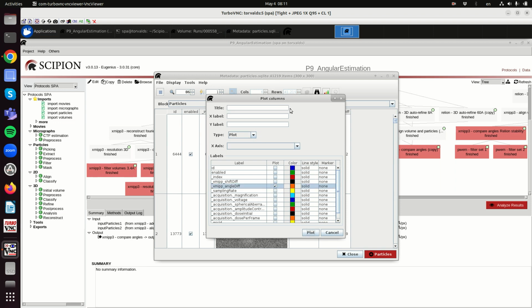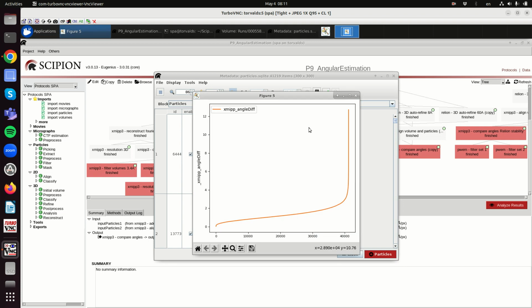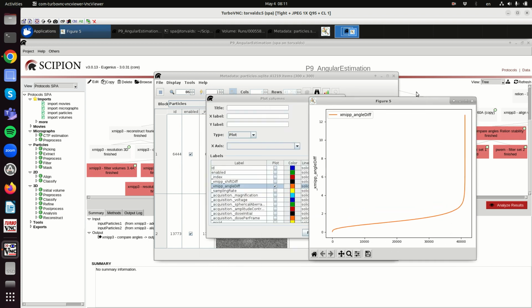The angular difference is the average in the three axes, x, y, z, of the orientation between two sets. The first one was the perfect orientation, the second one is the estimated orientation, and we can see that for many particles this difference is small. We are at the level of 1 degree, 1.5, 2, 2.5, but then for a few particles we have very large errors. Okay, so this is the first message.